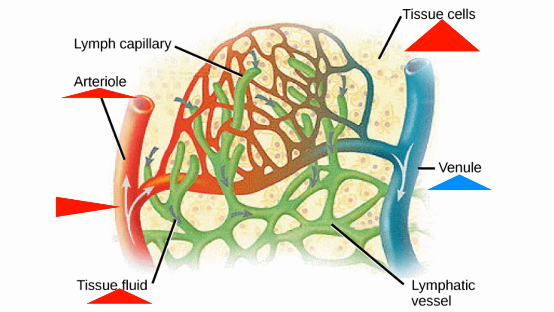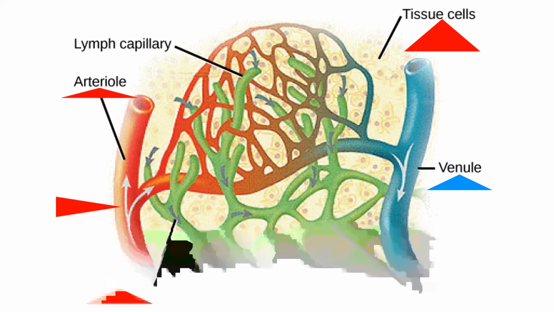They are found between tissue cells, and these capillaries are divided into two parts: the arterial side, delivering things, and the venous side, picking up things.